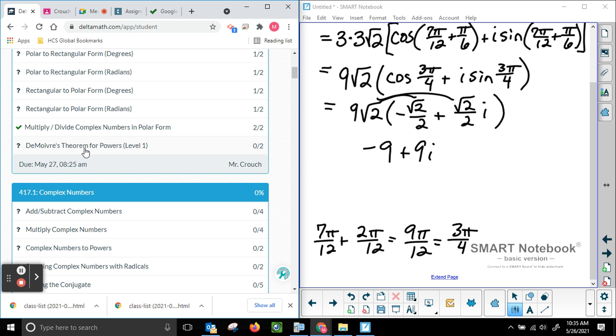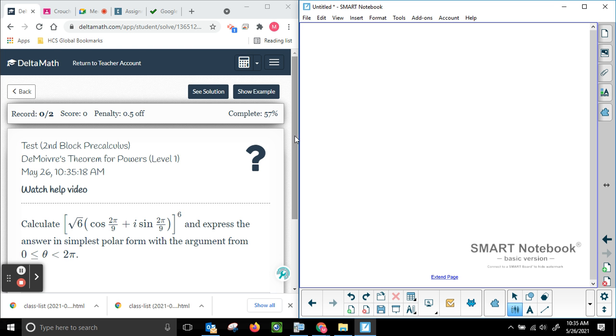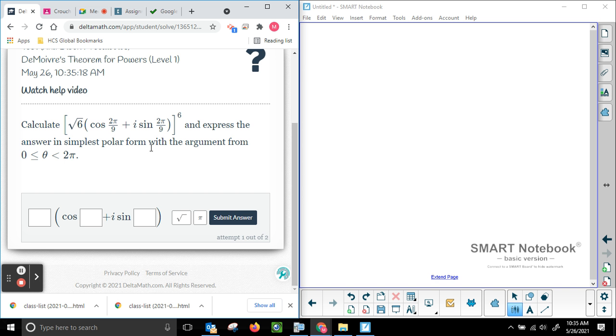Our last type of problem is de Moivre's theorem, finding powers of complex numbers in trigonometric form. Here it asks us to find this trigonometric number to the 6th power.